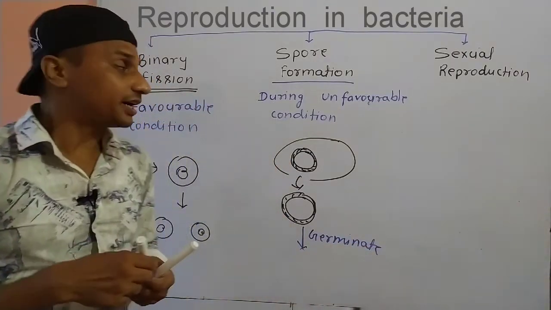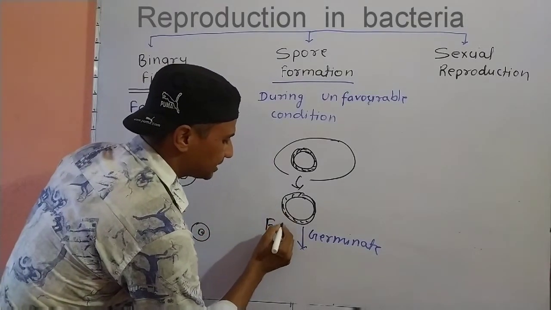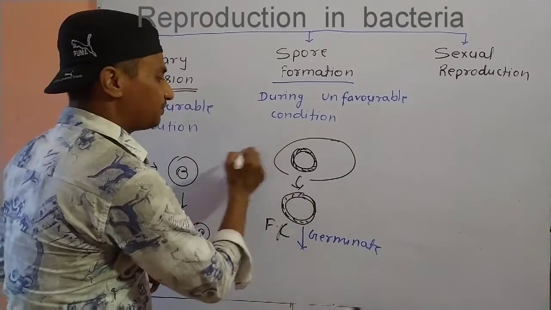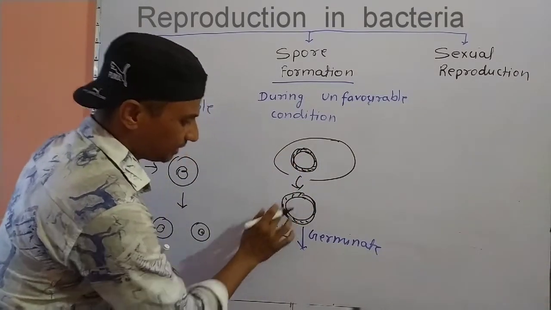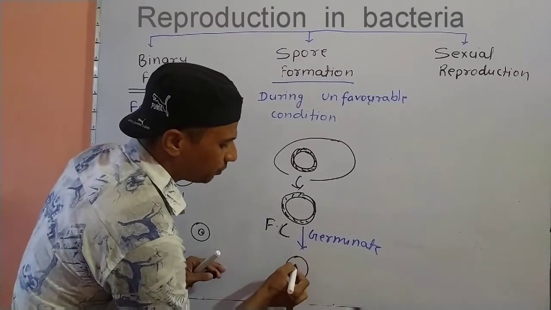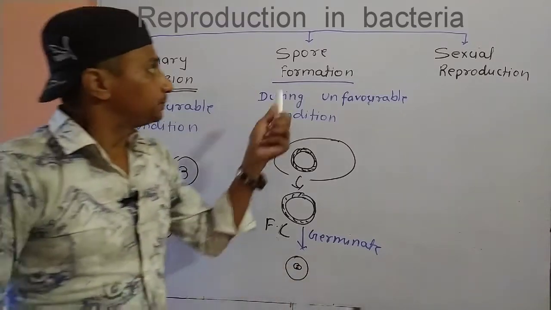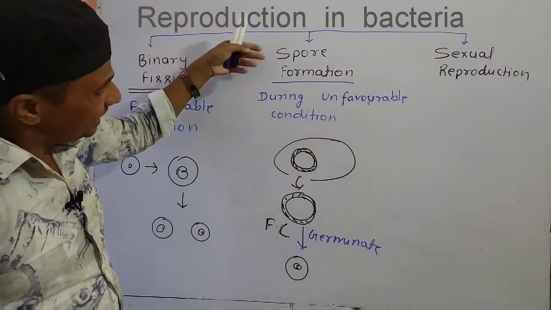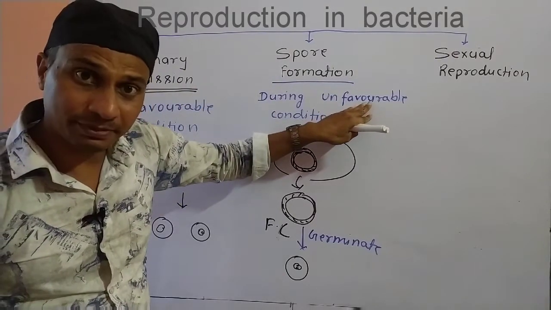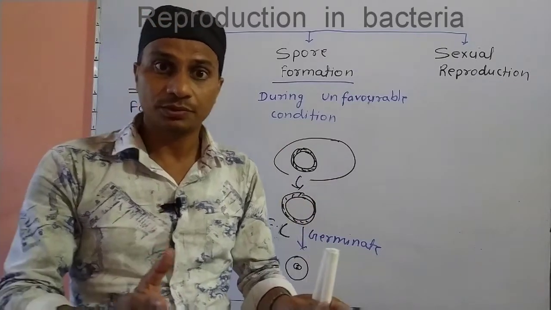Here is a favorable condition, but here is unfavorable condition. When favorable condition comes, it germinates to produce a new bacterial cell. This is your new bacterial cell. Then you can say that spore formation only occurs during unfavorable condition to sustain the bacterial species.